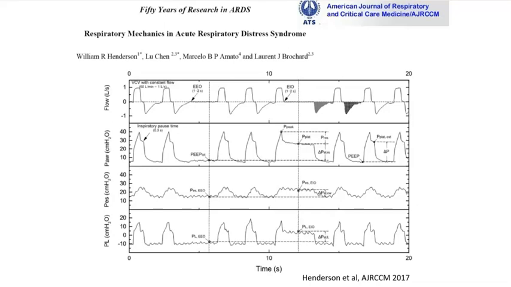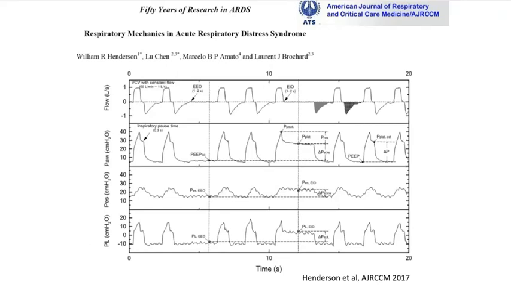And this is very interesting information because it tells you that of the 40 centimeters of water we see on the ventilator, 10, like 25%, are simply used to move the chest wall. It's not distending the lung. What's distending the lung is the difference between airway and esophageal pressure, which is illustrated here by the lung pressure, which we call the transpulmonary pressure.